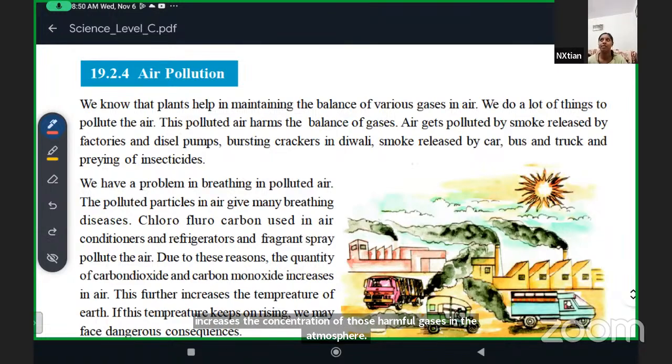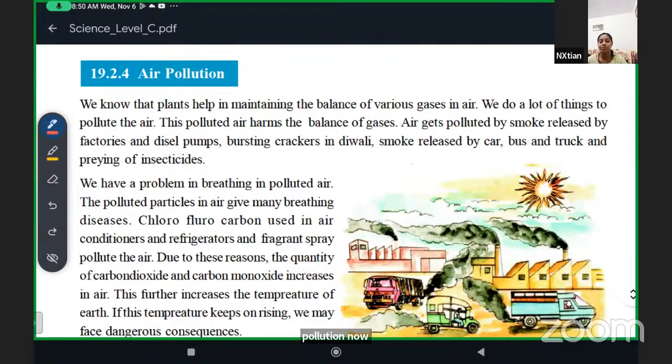A lot of harmful gases are released in the factories, which they release through chimneys indirectly into the atmosphere, right? Which causes this pollution.